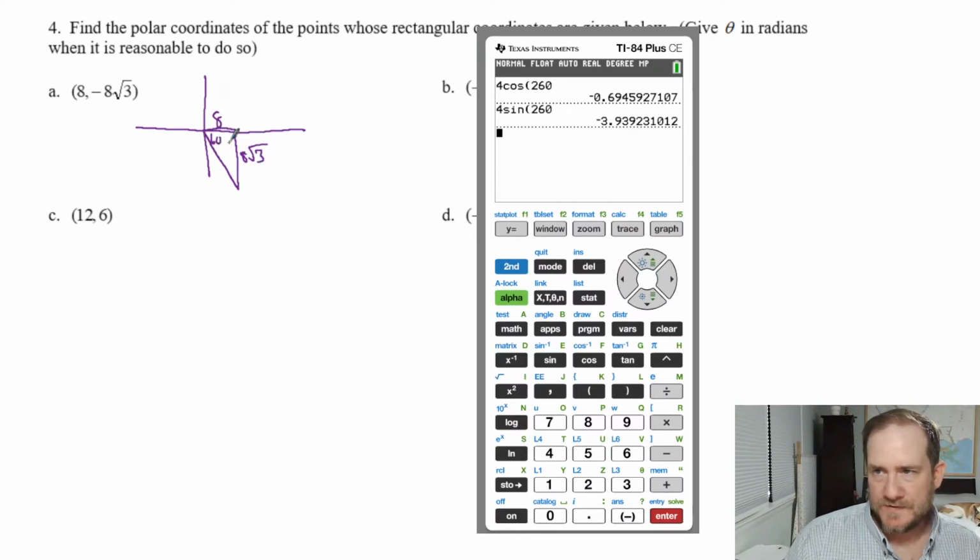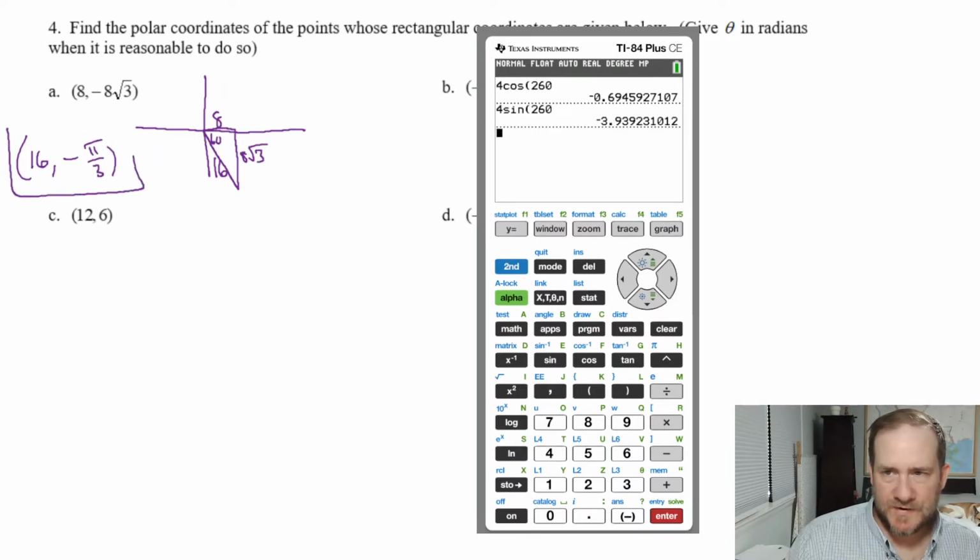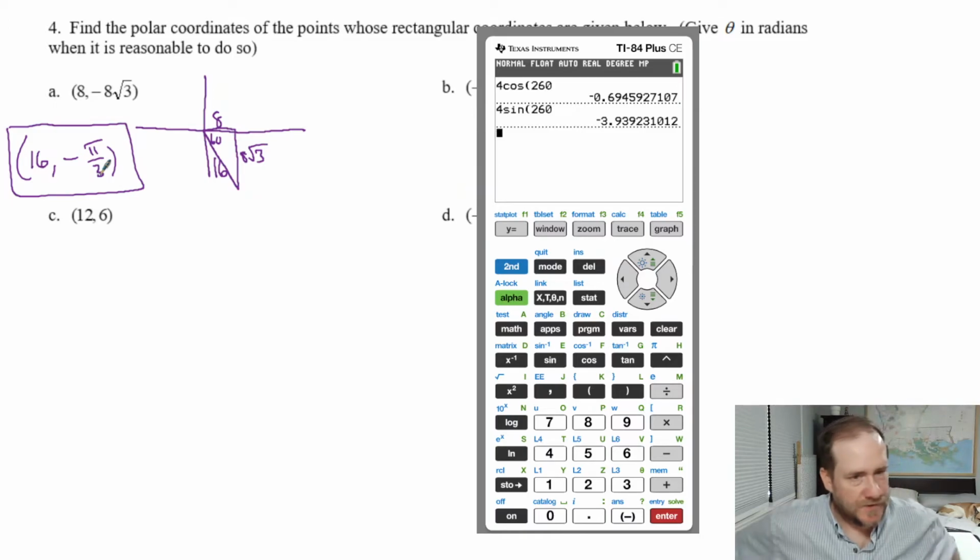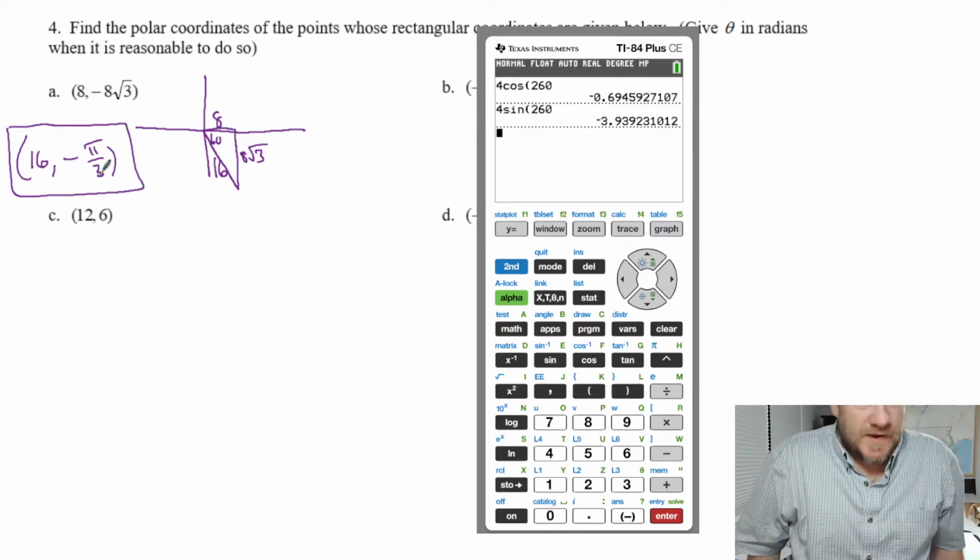With this angle as the 60, and the hypotenuse therefore at 16, because the hypotenuse is short leg doubled. So using just a little bit of geometry, we know that this represents the point with a 16 radius and a negative 60 degree rotation angle, so negative pi over 3. Other answers are possible, of course, because polar coordinates are not unique. But that's the answer that I'm given.